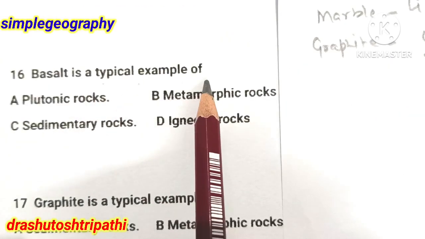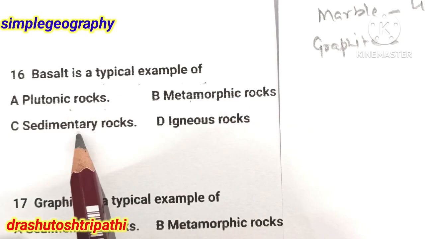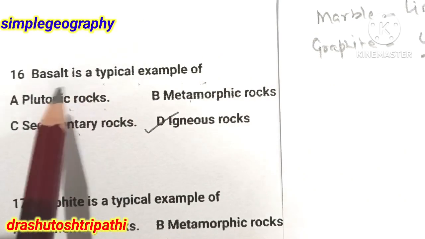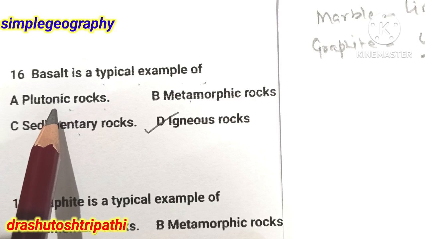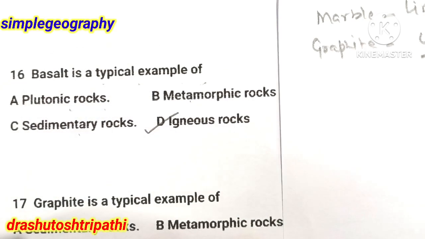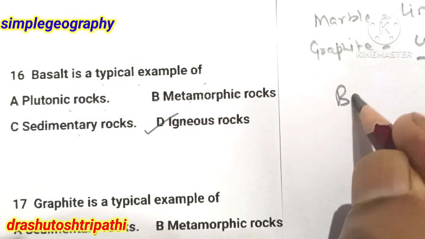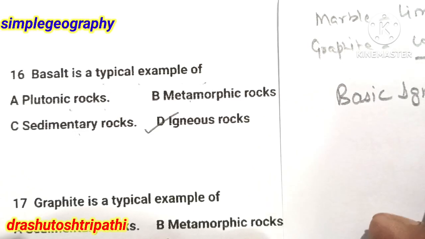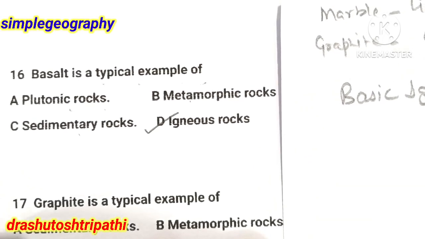Basalt is a typical example of plutonic rock, metamorphic rock, sedimentary rock, or igneous rock. What is the actual answer? That is igneous rock. Plutonic rock is also a part of igneous rock, but basalt is actually a basic igneous rock. What does it mean?